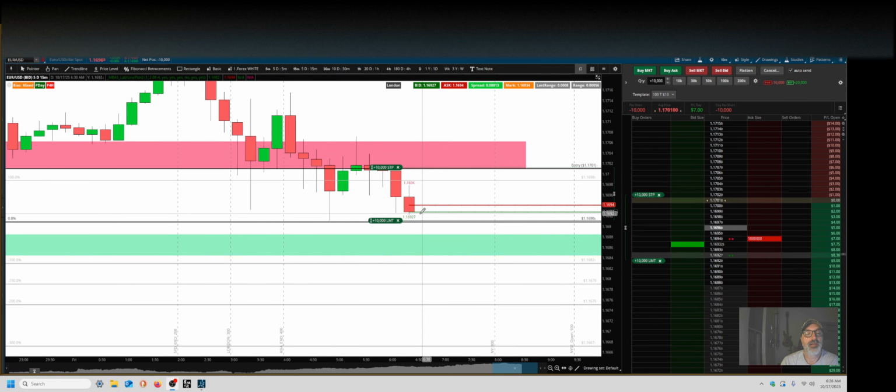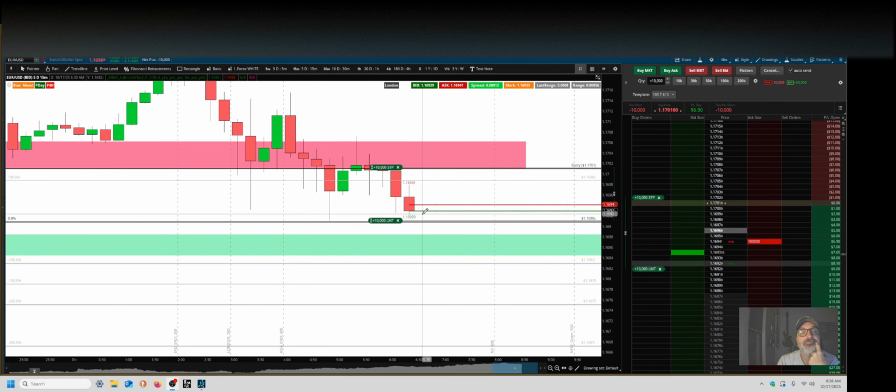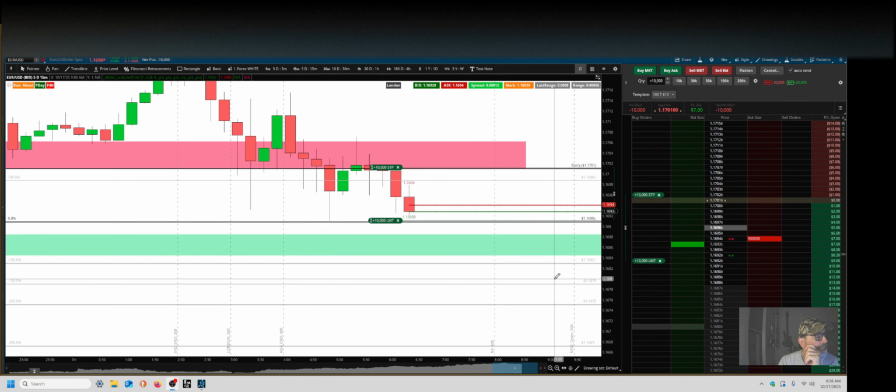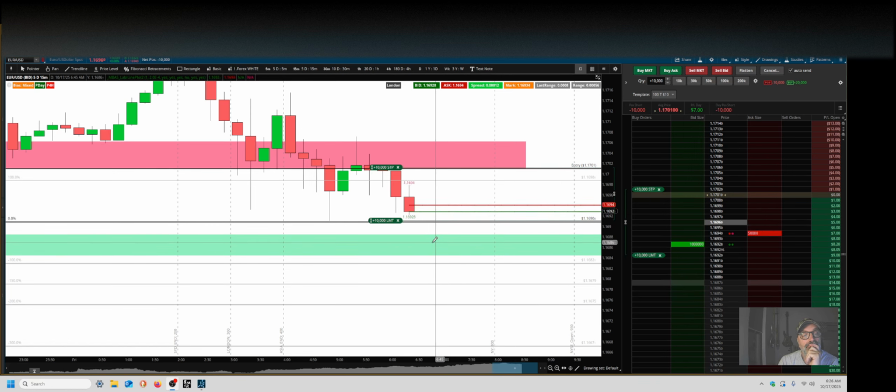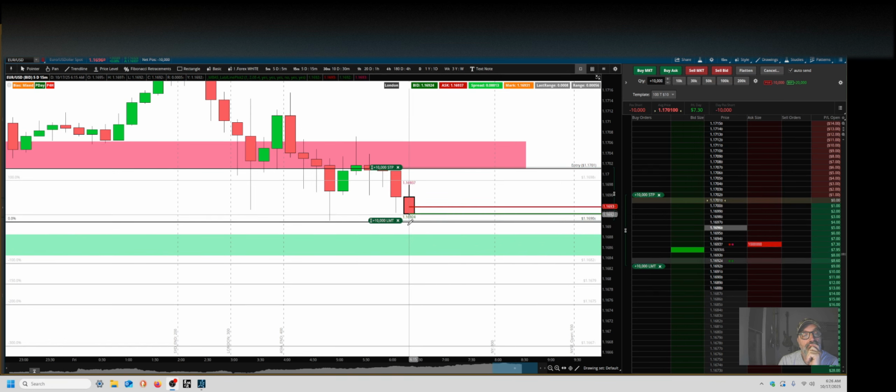So sellers are coming back in again. It may take a couple of seconds for it to register, but that's what it'll look like. Now we got buyers coming in. See that spread?